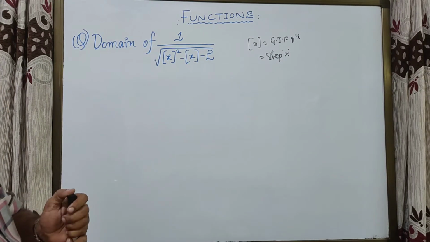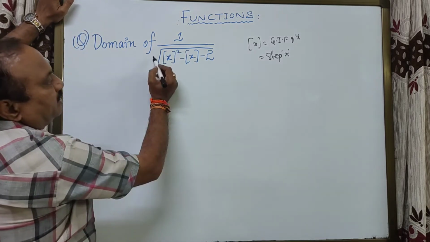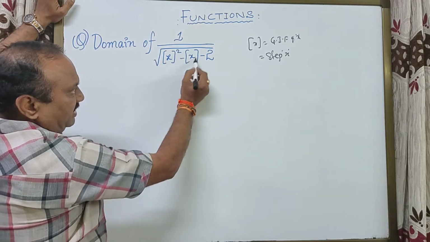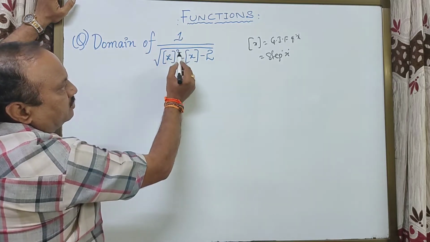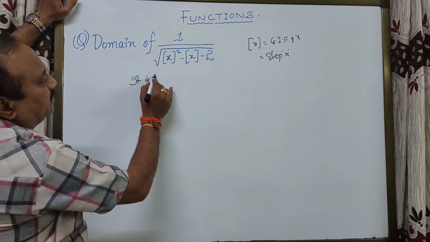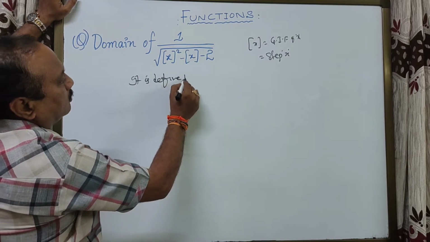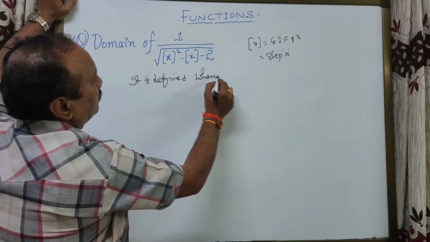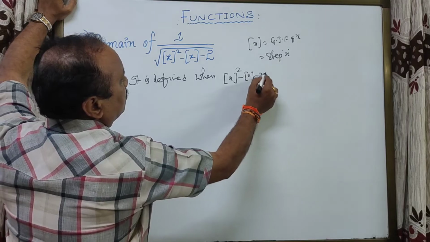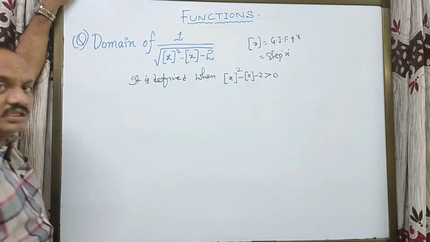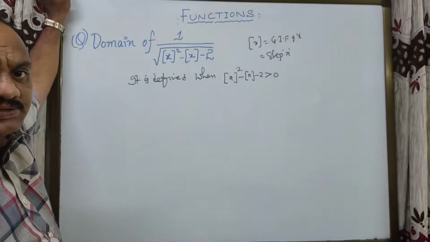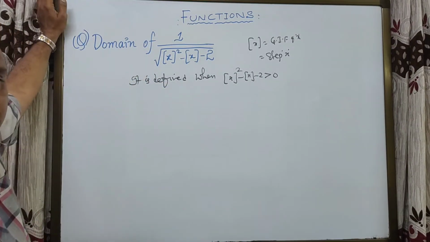Dear students, here you have 1 by root of, the root is defined when this value is greater than or equal to 0, but here we have a denominator, so don't take this as 0. It is defined when step x square minus step x minus 2 is greater than 0 only. Don't take equal to 0. If you take this as equal to 0, 1 by 0 is undefined, but you take it as defined.